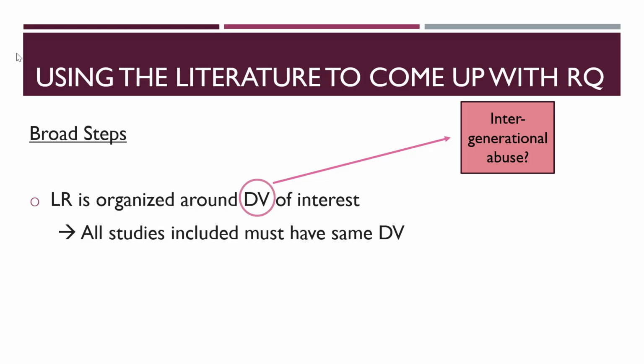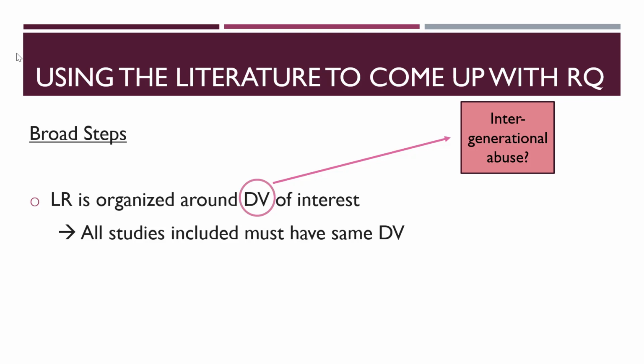If I find a study where intergenerational abuse is the independent variable, for example, a study that's looking at how it affects academic achievement, then academic achievement of the child is the dependent variable, and intergenerational abuse is the independent variable. So in that case, that's not going to work for my review.